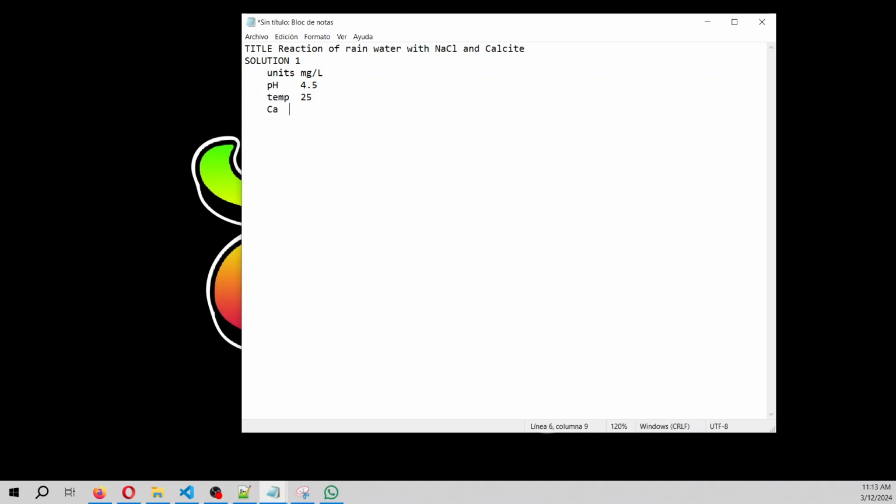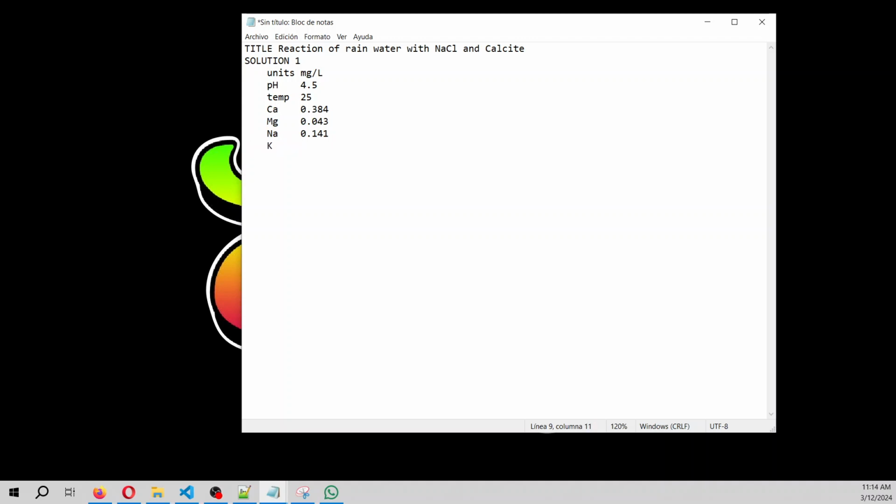The calcium is 0.384. Magnesium is 0.043. Sodium is 0.141.